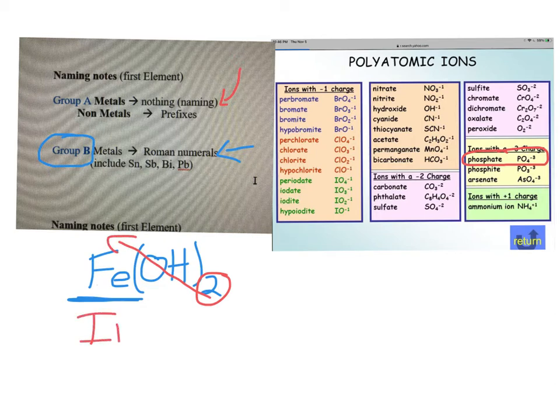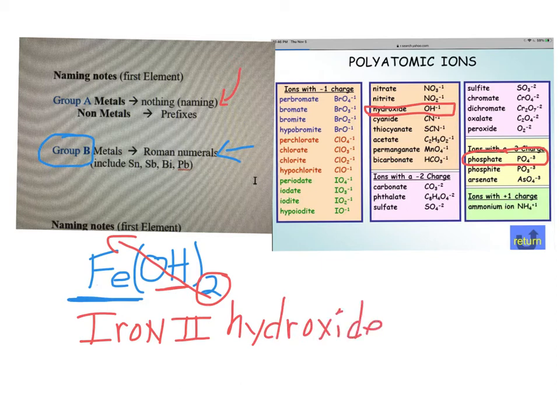Fe is iron, and your original charge was 2, so you have a Roman numeral 2. OH comes from your polyatomic ion sheet, and that is hydroxide. It should be here somewhere. There it is. That's hydroxide. And that's it. This is your chemical name.